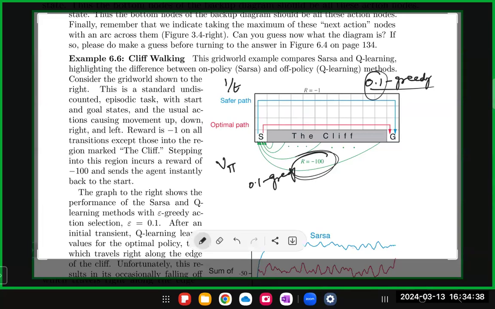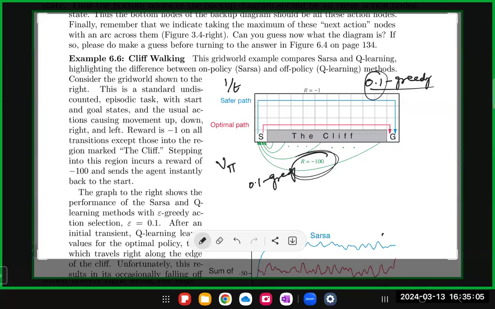So I think when we are plotting these two curves below, we are plotting the behavioral policy, I guess. In Q learning, we are using epsilon greedy for the behavioral policy, right? So it will see more negative rewards. The behavioral policy will fall into the cliff a lot of times.